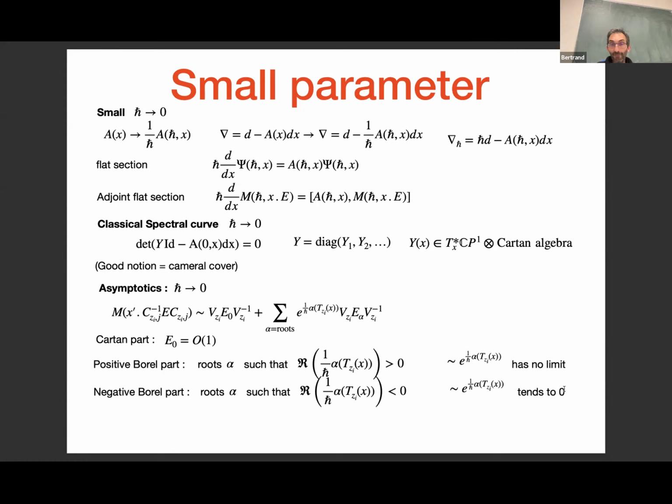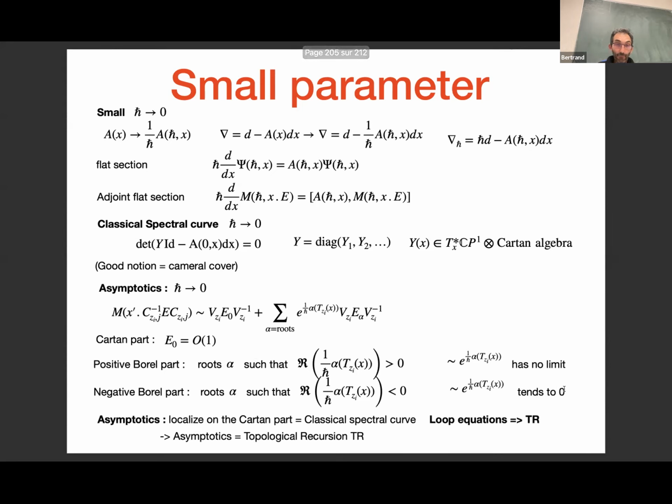So if you are interested in the perturbative asymptotics in powers of h bar, you can ignore Borel parts and you can work only with the Cartan parts. So in some sense, in the semi-classical limit, all the adjoint bundle somehow tends to localize on its Cartan part. And the Cartan part of the adjoint bundle is in fact more or less the cameral cover.